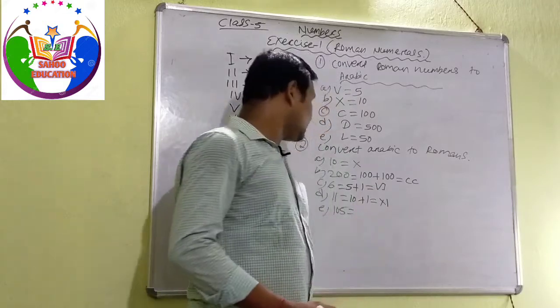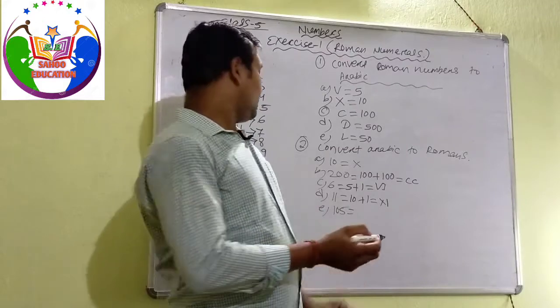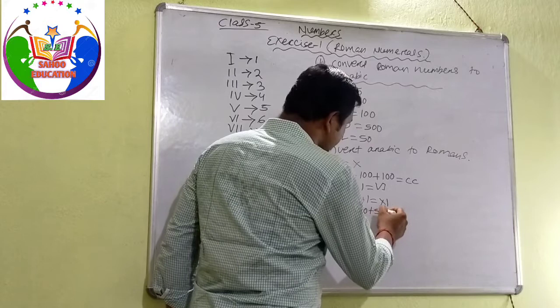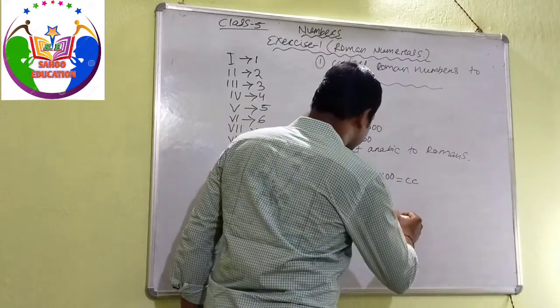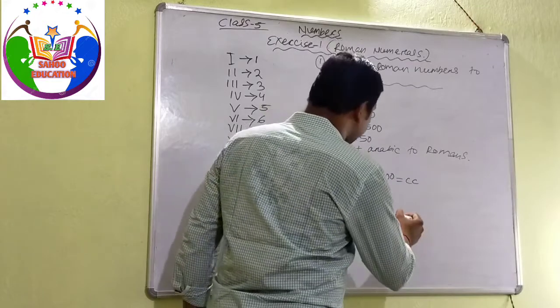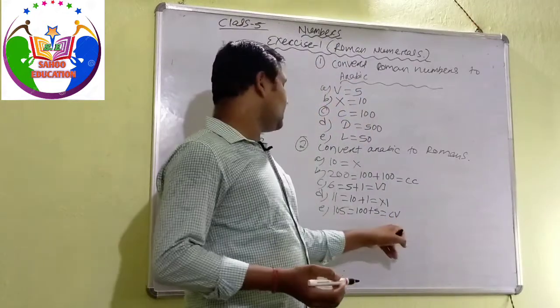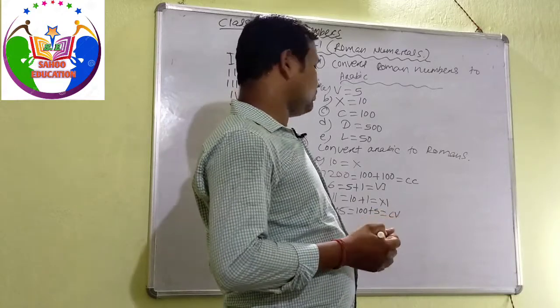Next number E is given 105. 100 plus 5. Okay. So 100 you know, 100 can be written as C and 5 is written as V. So 105 is CV, which is in Roman form.